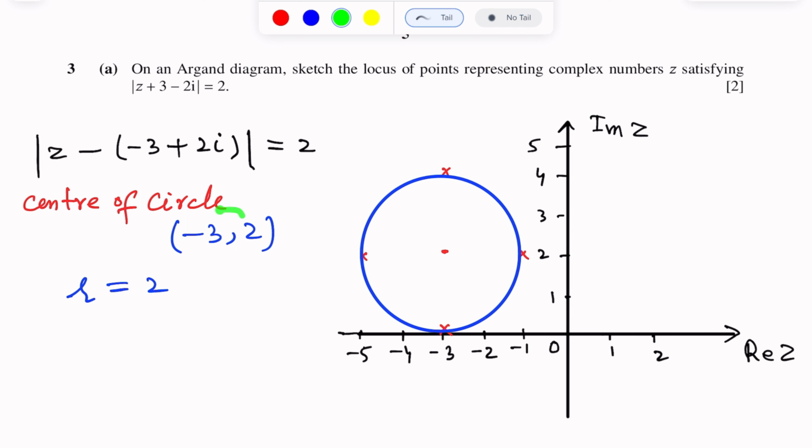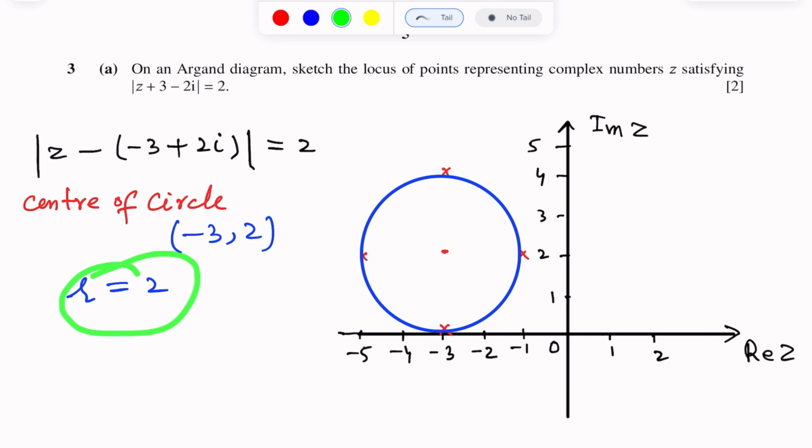We number the line 1, 2, minus 1, minus 2, minus 3, minus 4, minus 5, and in the same way along the positive imaginary axis 1, 2, 3, 4, 5 and so on. The center is negative 3, 2: negative 3 along real, and 2 along imaginary. So the center of the circle is this point.